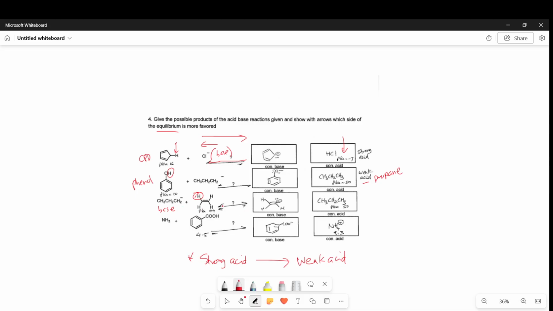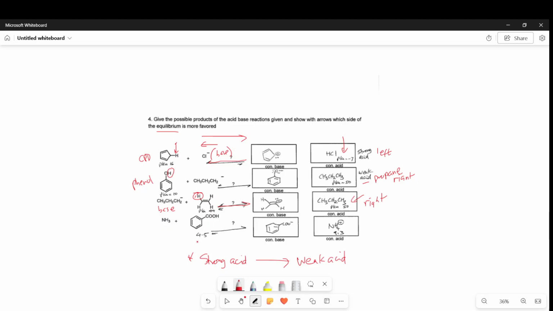It is in the indicated direction. It should go this way because from 44 I'm going to 50, a weaker acid. This is a relatively stronger acid, and I'm going to a weaker acid. So the equilibrium is favored in the right direction. So here the equilibrium should shift to the left, here to the right, and here to the right as indicated.